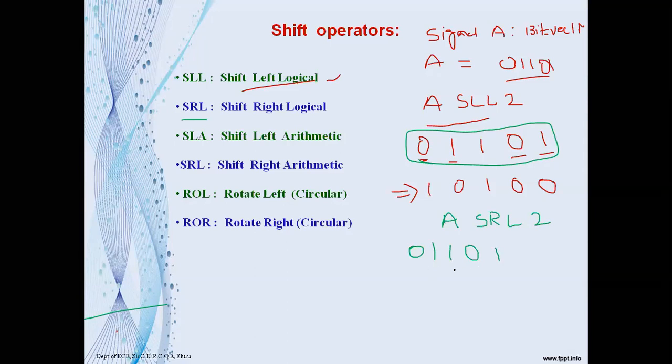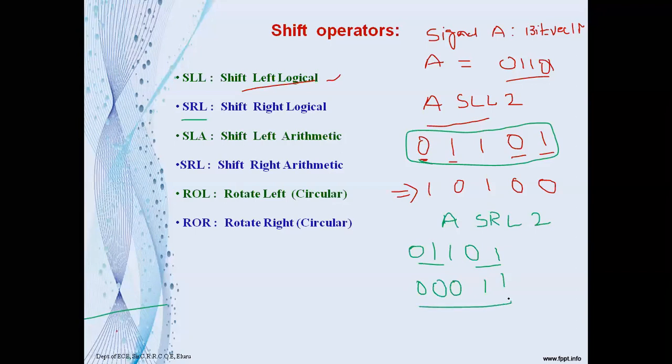Now you are shifting the bits right by 2 times. Right by 2 times means these two will be vacated and these will come here. Which means 1 1 0. So these three will be shifted right by 2 bit positions. And now we have 2 vacancies, which are filled with logic 0.